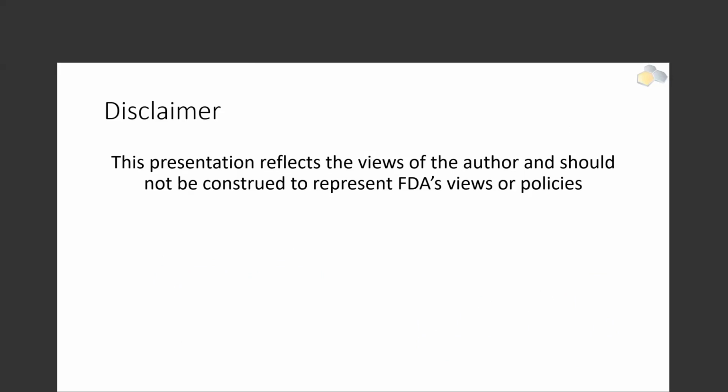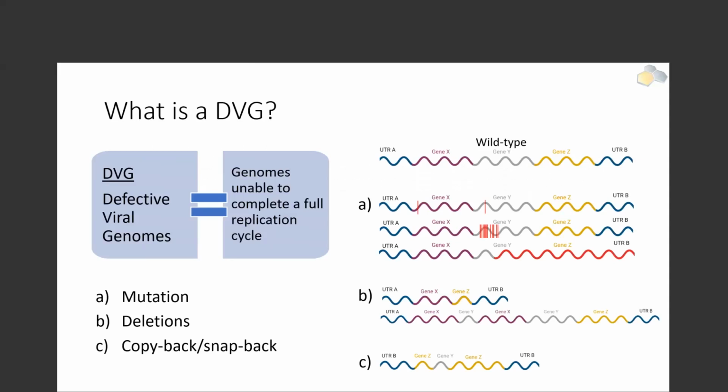Let me jump to the next slide, which is the first question, I guess, that some of you or many of you might have as to what is a defective viral genome, or what is a DVG as we call it for short. Even before trying to address that question, let me take a step back here and explain that this is a relatively recent term.